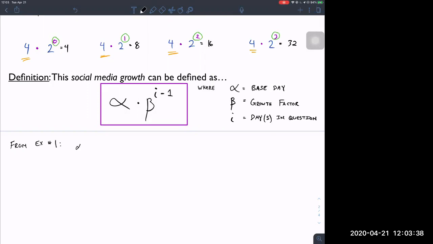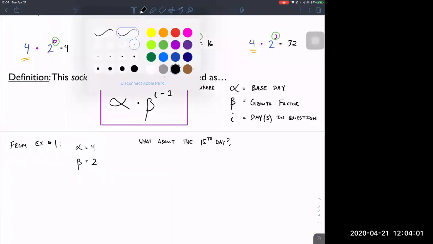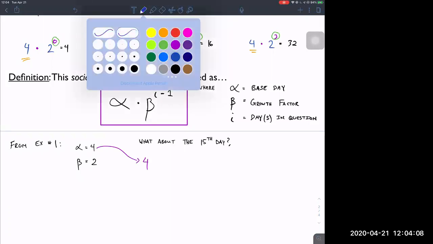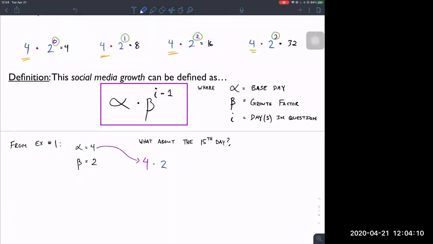You know that alpha is equal to 4, beta is equal to 2. And my question is, what about the 15th day? All you do is you go 4, which comes right here, times 2, which came from right here.